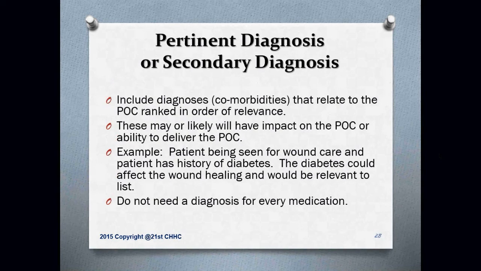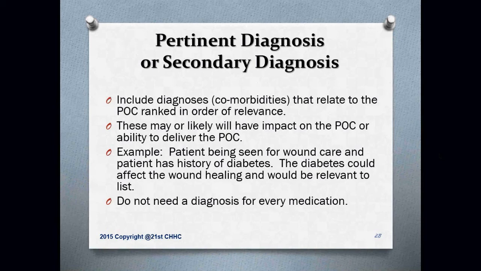For pertinent or secondary diagnoses, you want to list all of your diagnoses, and they should be ranked in the order of their relevance. An example of that is the wound care patient who also had a history of diabetes.